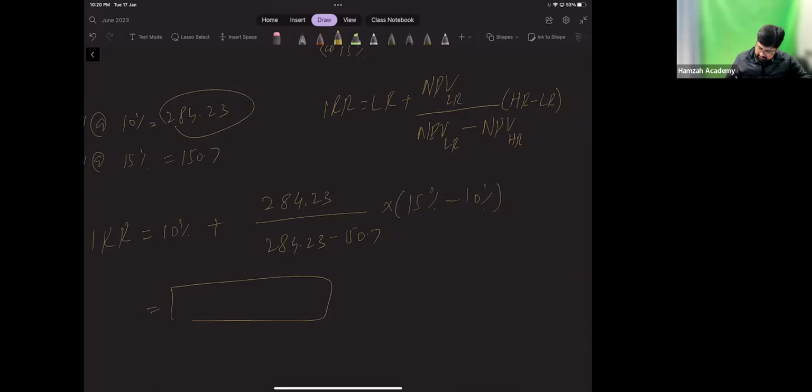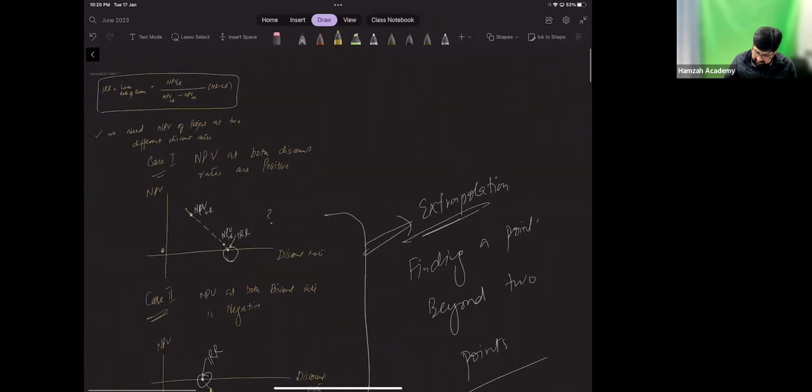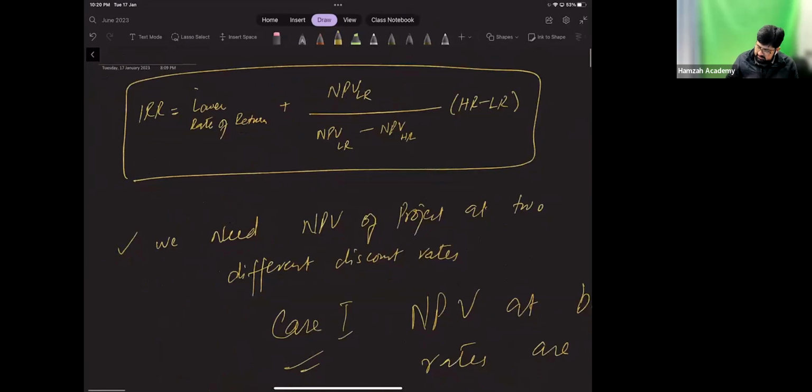Correct answer. 20%. Exactly. So IRR is calculated like this. So students, correct this formula. There is a negative in the formula. So IRR is done.